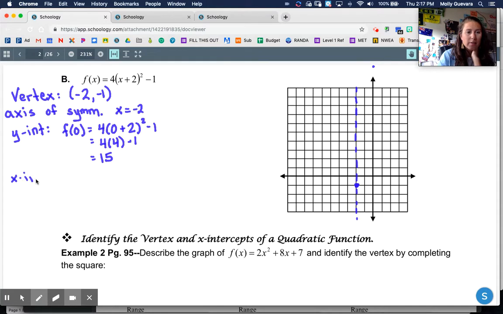Then the next thing I want to solve for are my x-intercepts. So I'm going to set the equation equal to 0 and solve. So first thing I need to do is add that 1 to the other side. Right? I'm trying to get that parentheses by itself. Now I'm going to divide by 4. I'm going to leave this as a fraction.